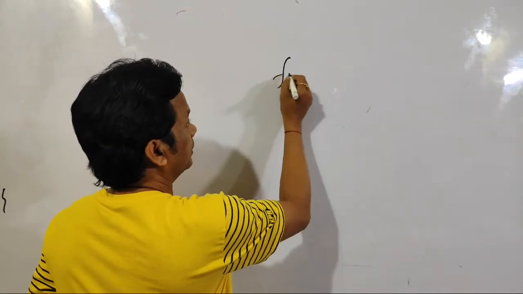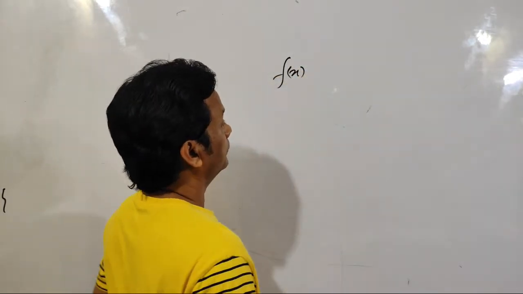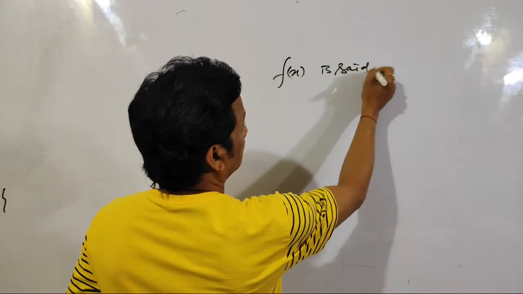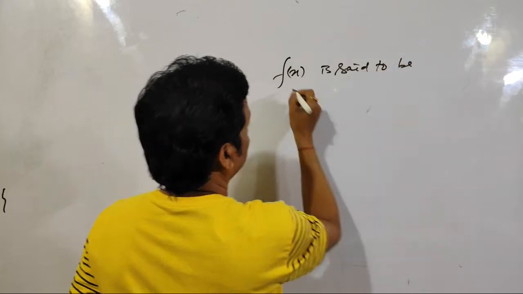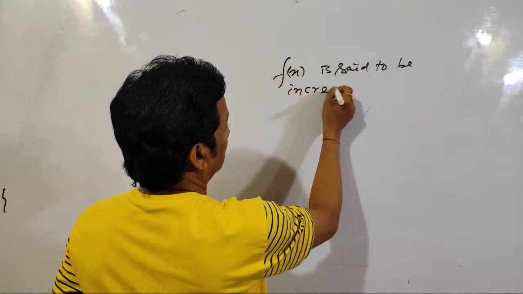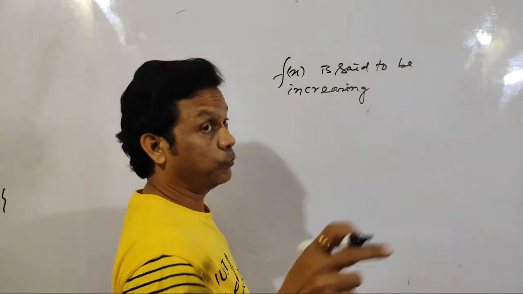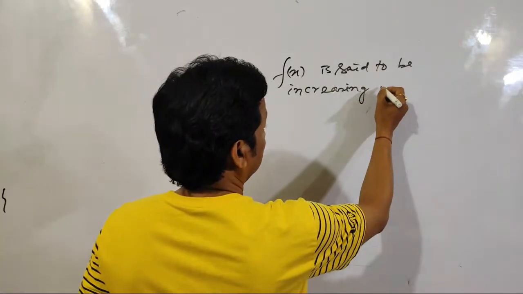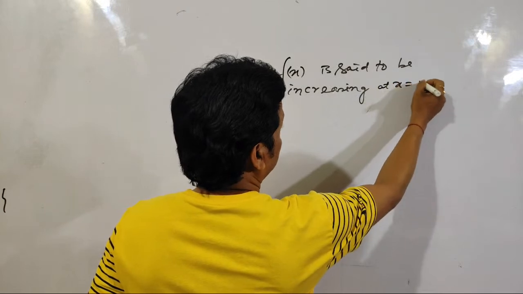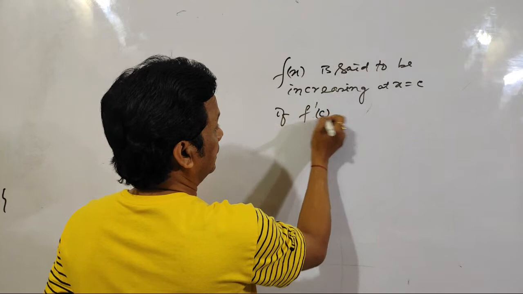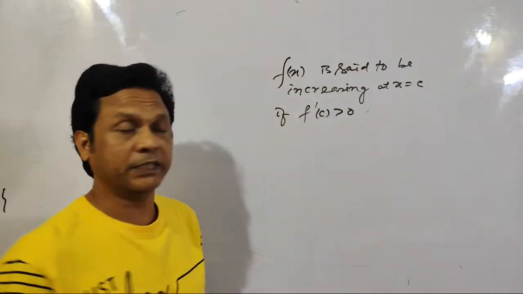If f of x is a function, f of x is said to be increasing at a point x is equal to c if f dash c is greater than 0, if the derivative at that point is positive.